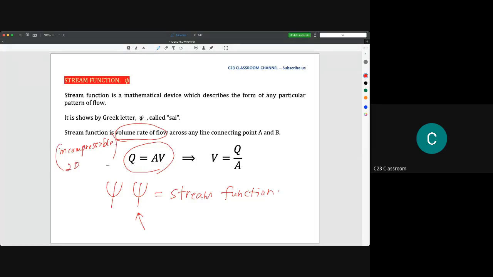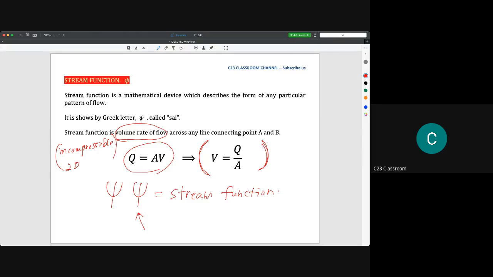But in ideal flow, previously we were evaluating velocity. As you remember in chapter 1, in the differential method, our aim was to get the velocity distribution from the Navier-Stokes equation. Now we will use the velocity to derive our stream function.